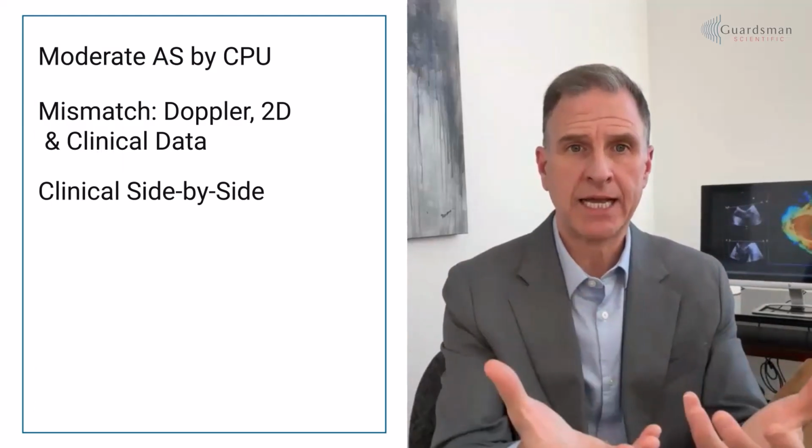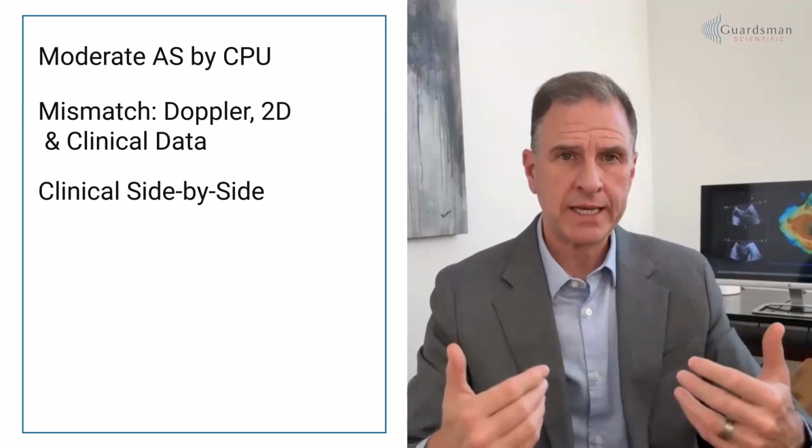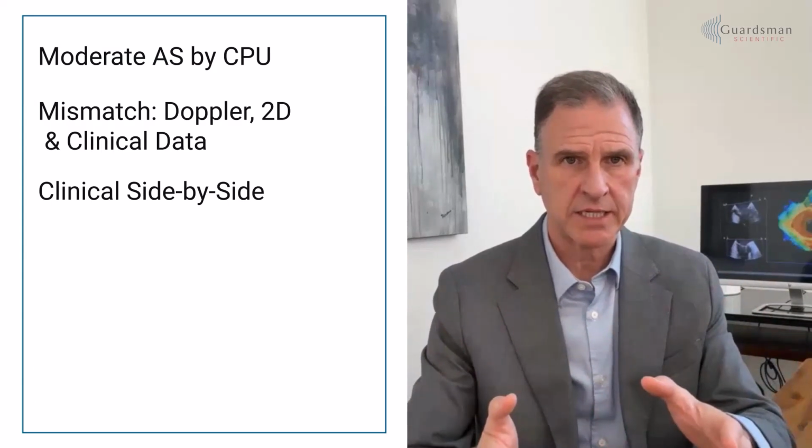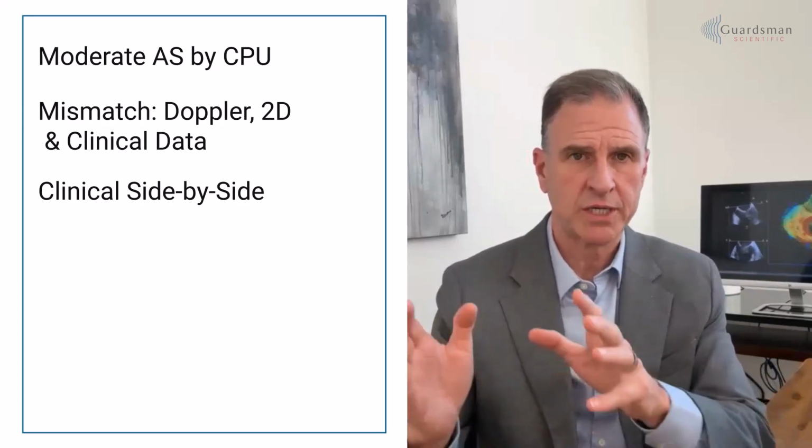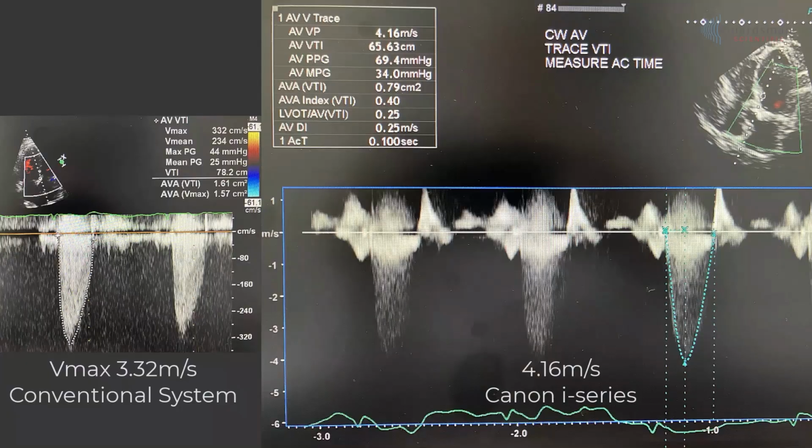Clinically, in the case that I just described, when we measured the velocities across the aortic valve using a CPU-based system, we got barely 3 meters per second. When we did it with a GPU-based processor, we got above 4 meters per second. So it clearly matches the clinical information and the 2D images we have, with data points that now prove that this patient has aortic stenosis.